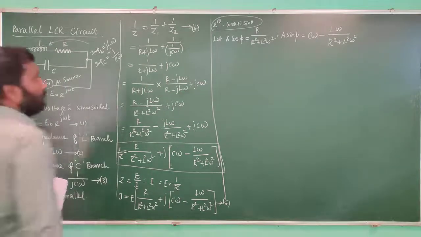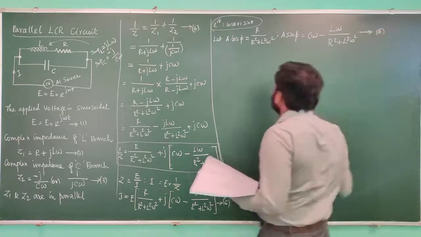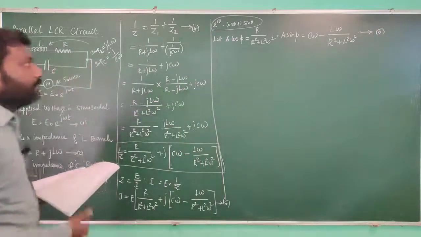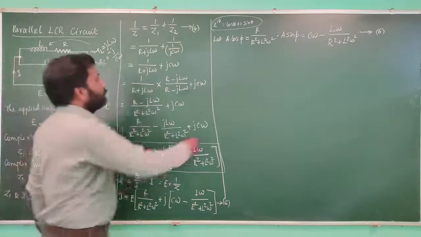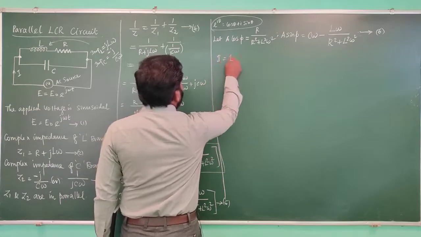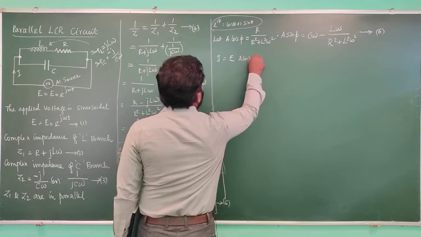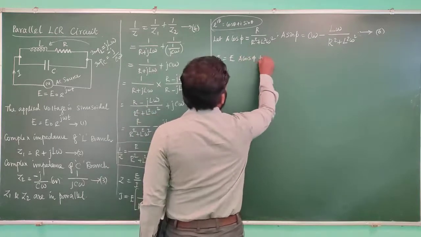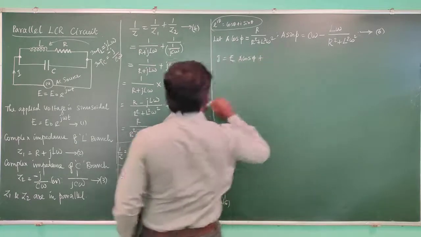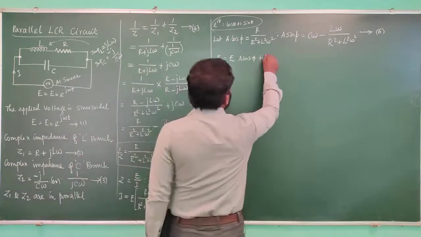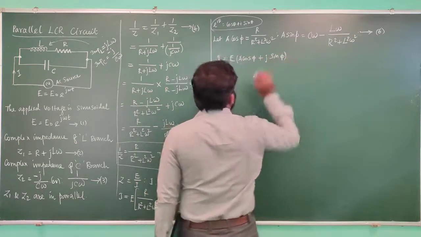So let this be equation number 6. Applying these considerations from equation number 6 to equation number 5, equation number 5 becomes E times A cos phi plus j A sin phi.